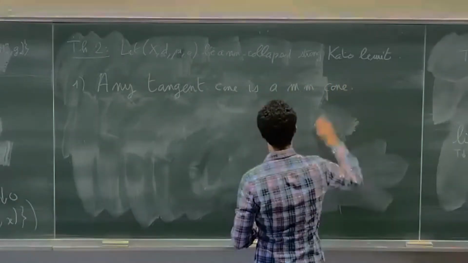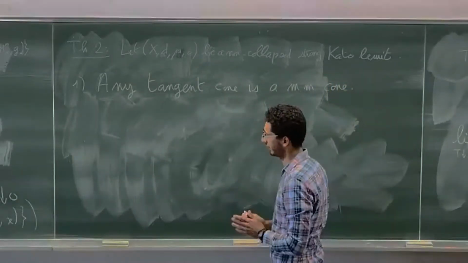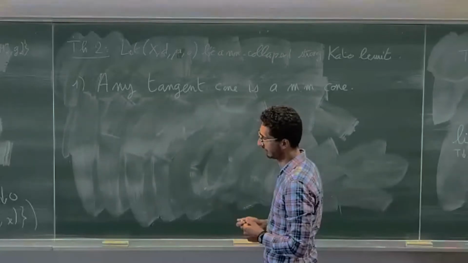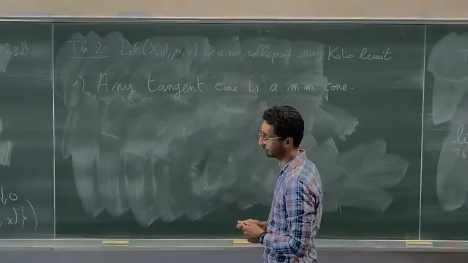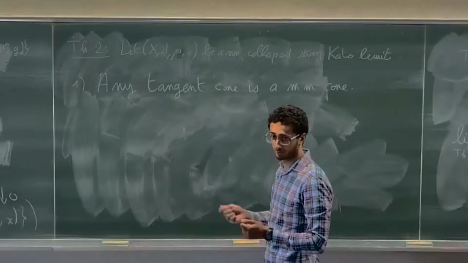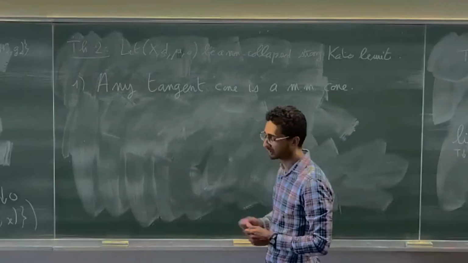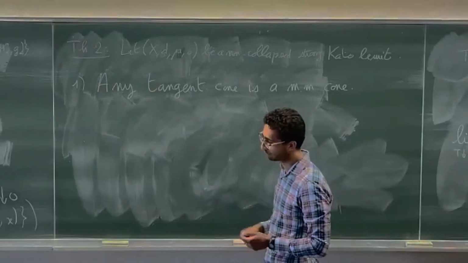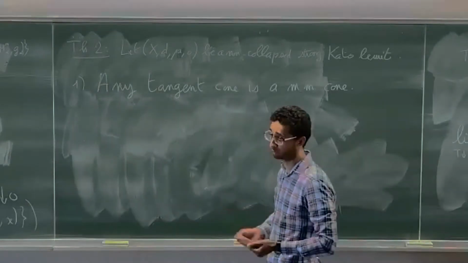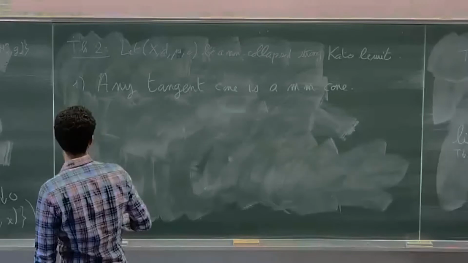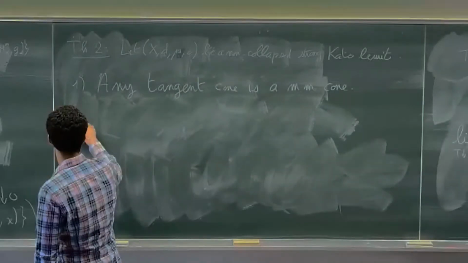This means that you can write the measure as a cone over a measured space, and you can also write the metric as the metric of a cone over a metric space.